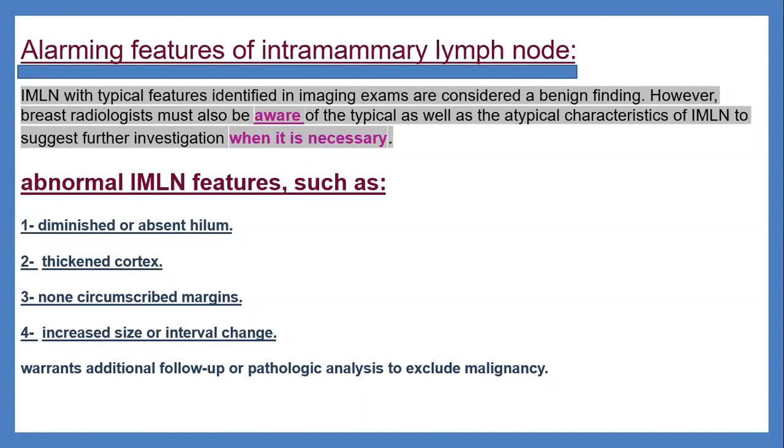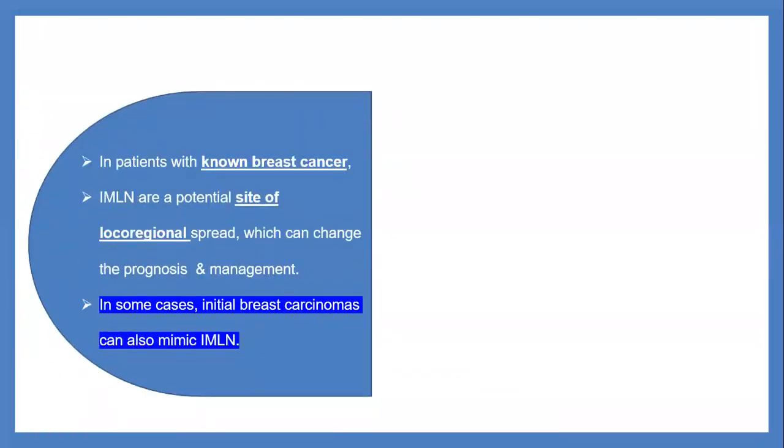The same pathology that causes enlargement of the axillary lymph node will result in enlargement of the intramammary lymph node, which are: you mentioned reactive, inflammatory lymph node, reactive hyperplasia. What else? Inflammatory causes like mastitis. Okay. What else? Could be tuberculosis. Okay, excellent.